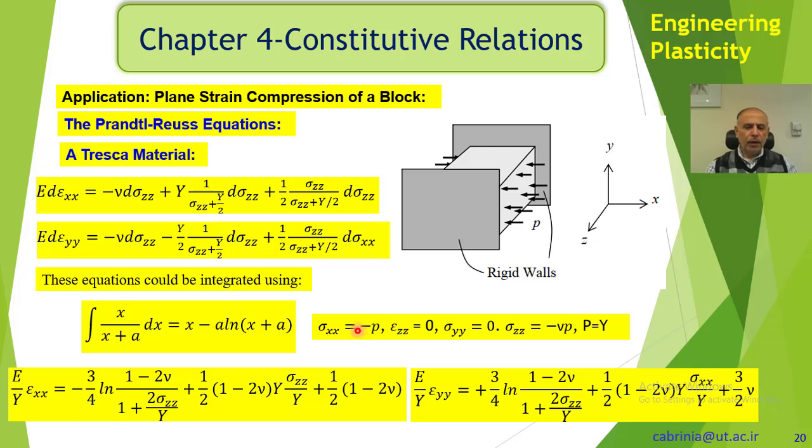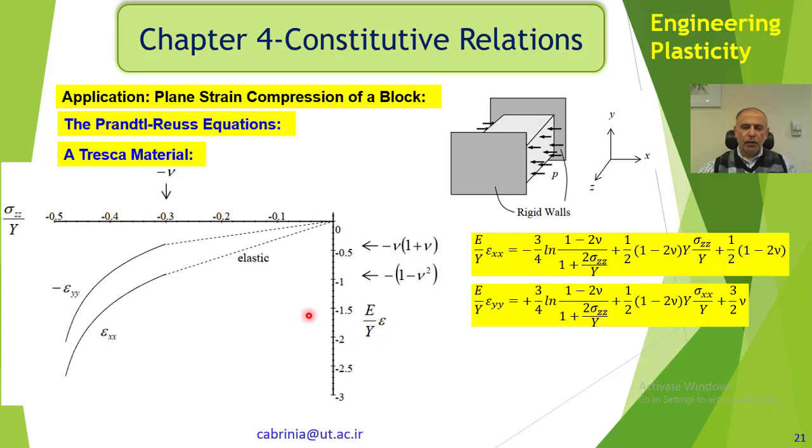Right? And we can draw these sigma zz over Y and E over Y epsilon for different values of sigma zz. We usually normalize because it is easier, it's dimensionless, so E epsilon over Y is normalized, and sigma zz over Y, and as you can see, the variations of epsilon yy and epsilon xx are like this, and this is the elastic part.